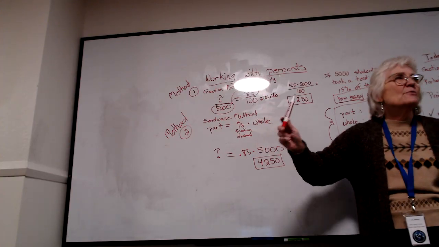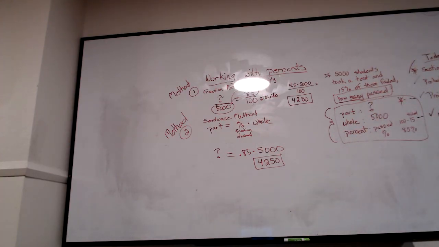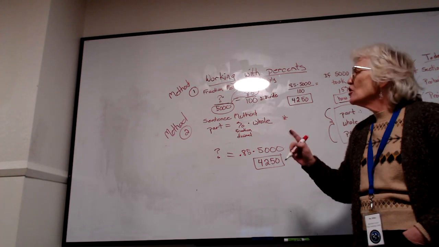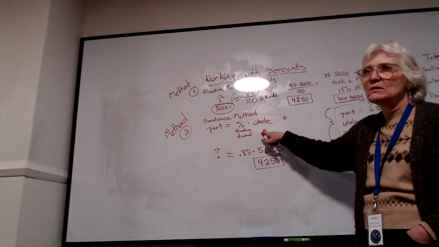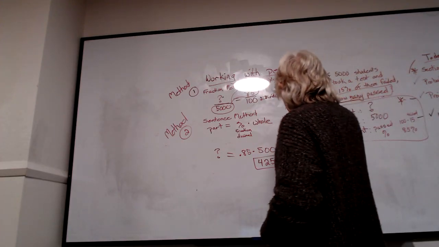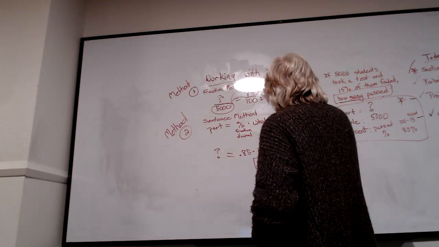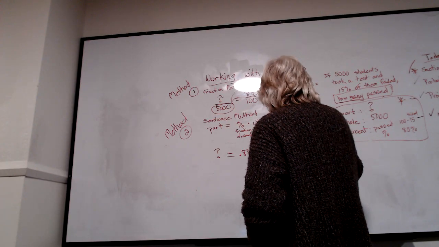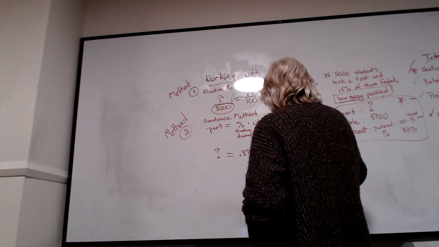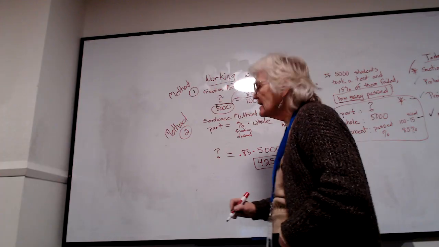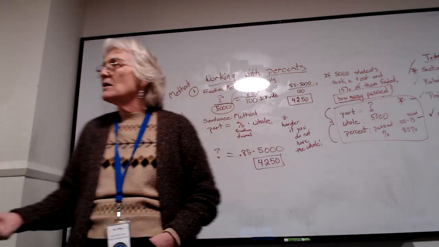I will tell you that it's harder to use this method if you do not have the whole, okay? Because in that case, let's just do a problem like that.